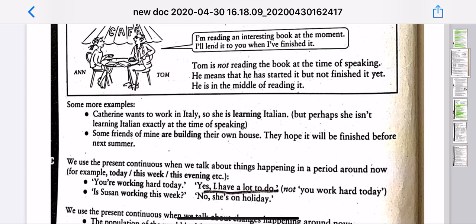Madhav is taking online classes. Some friends of mine are building their own house. They hope it will be finished before next summer. So, Sumer is painting our new branch walls.